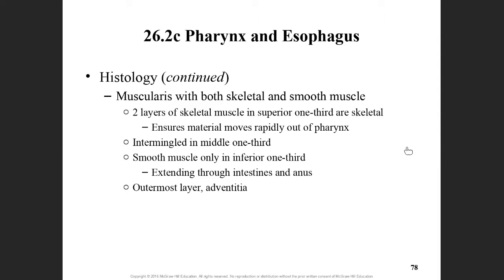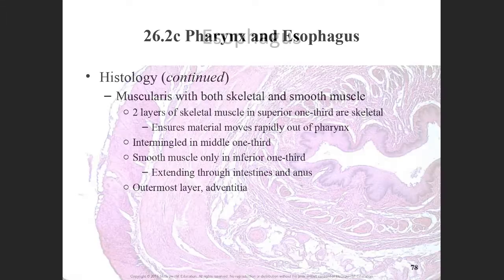So the muscularis in the esophagus is composed of skeletal and smooth muscle. In the upper part, it's only skeletal. In the lower part, it's only smooth. In the middle part, it's a mix of skeletal and smooth muscle. And pay attention, the outermost layer of the esophagus is tunica adventitia. It is not tunica serosa.